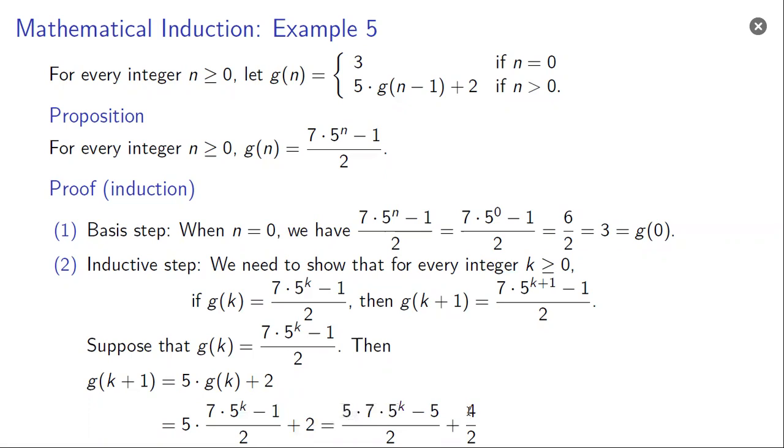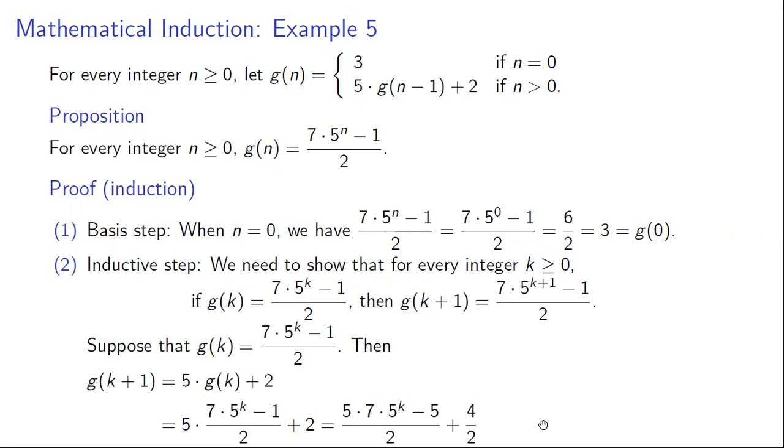So in other words, I have 4 over 2. So what I have so far is 5 times 7 times 5 to the k minus 5, all divided by 2, plus 4 over 2. Again, how did I get this part? This thing here is a 5, so it's really like 5 over 1. So what I want to do is multiply the 5 by this, and then multiply the 5 by -1.